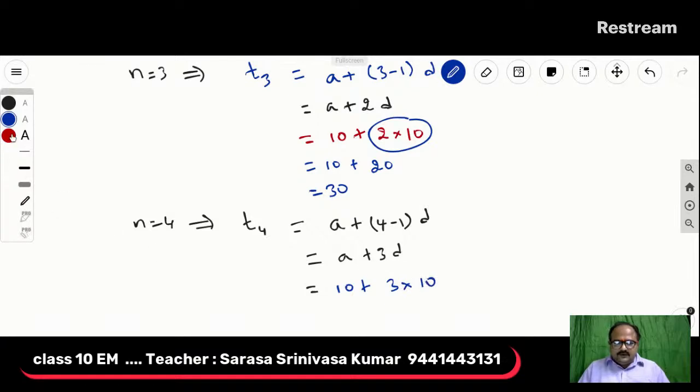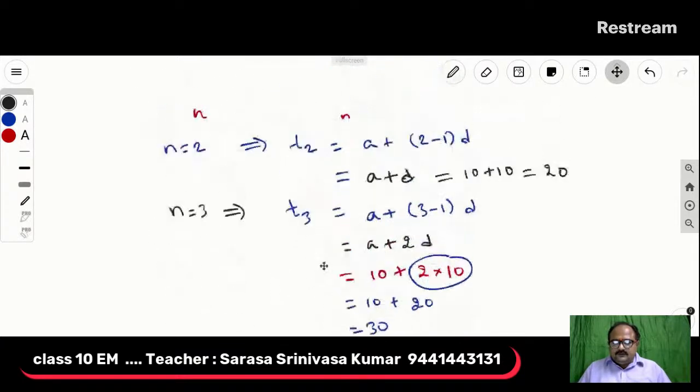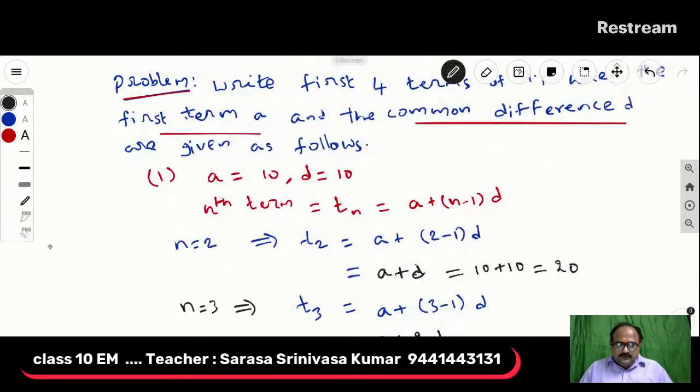Common difference is also 10 here. We get 10 plus 30, which is equal to 40. This is how we calculate the first four terms. We can note this down as method 1.